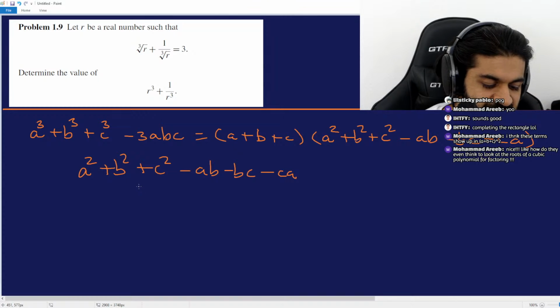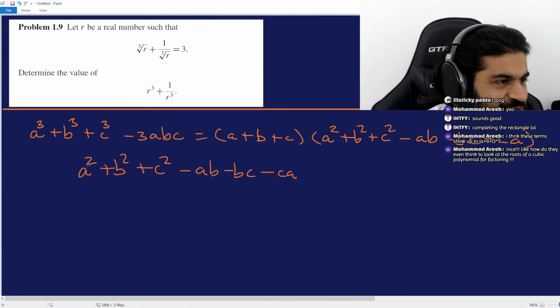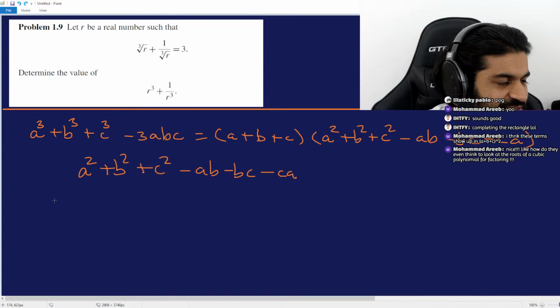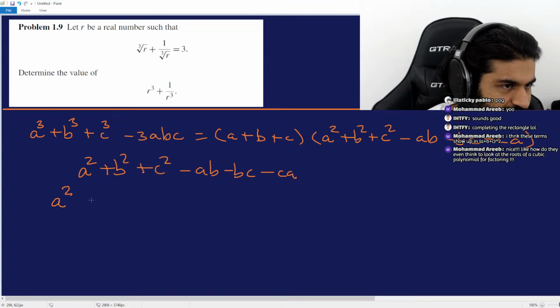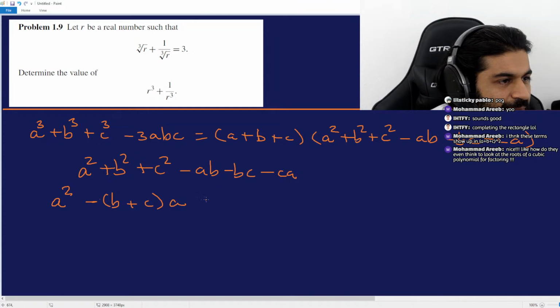So what would the roots of this quadratic be? Actually, hold on, let me write it very well so that it's clear. If we think of this as a quadratic in A, you can rewrite this as a squared minus b plus c times a, and then plus b squared plus c squared minus bc.